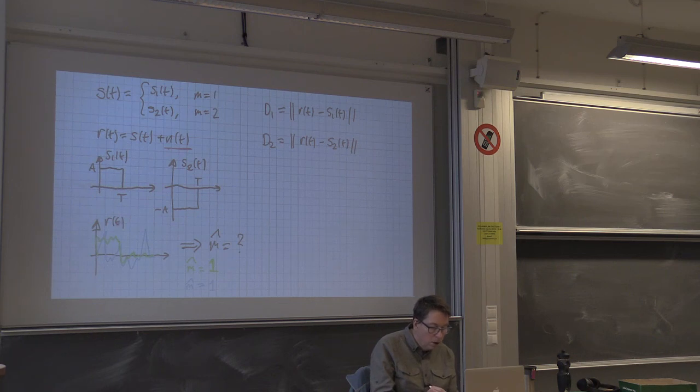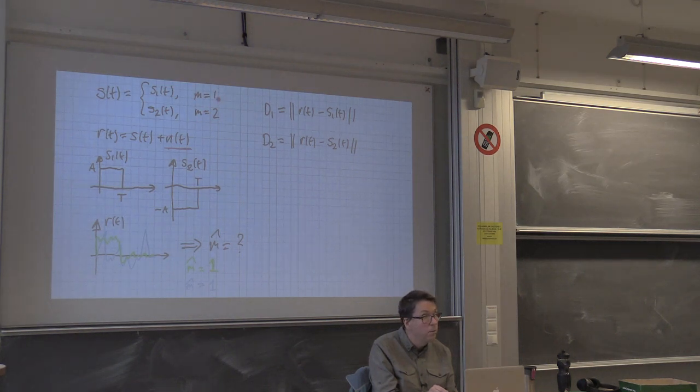We take R minus S1 to compute D1, and R minus S2 to compute D2. We compare D1 and D2. If D1 is less than D2, that means that R is closer to S1 than to S2, and therefore we think S1 was transmitted, and if S1 was transmitted, then we know that m is equal to 1. And the other way around.